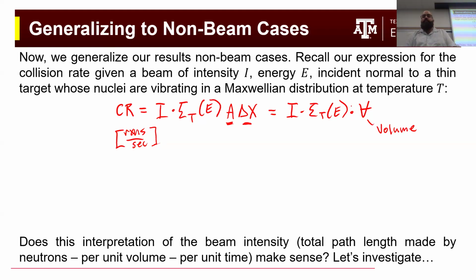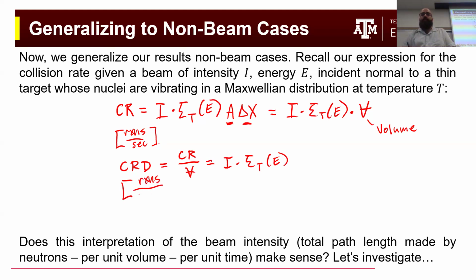So if I divide this volume out on both sides, then I get the collision rate density, which is the collision rate divided by the volume, and then it would just be the intensity I times that total cross section. And this collision rate density has units of reactions per unit time per unit volume. That's what the term means.